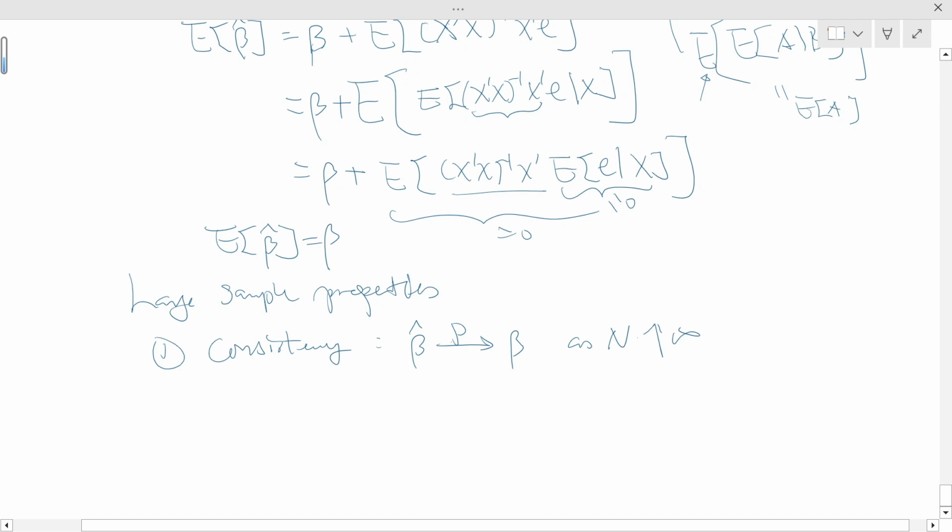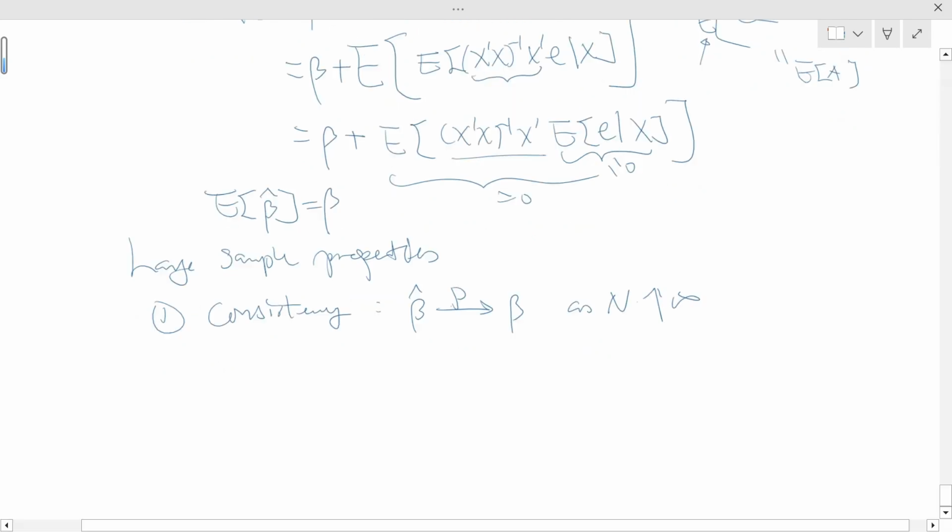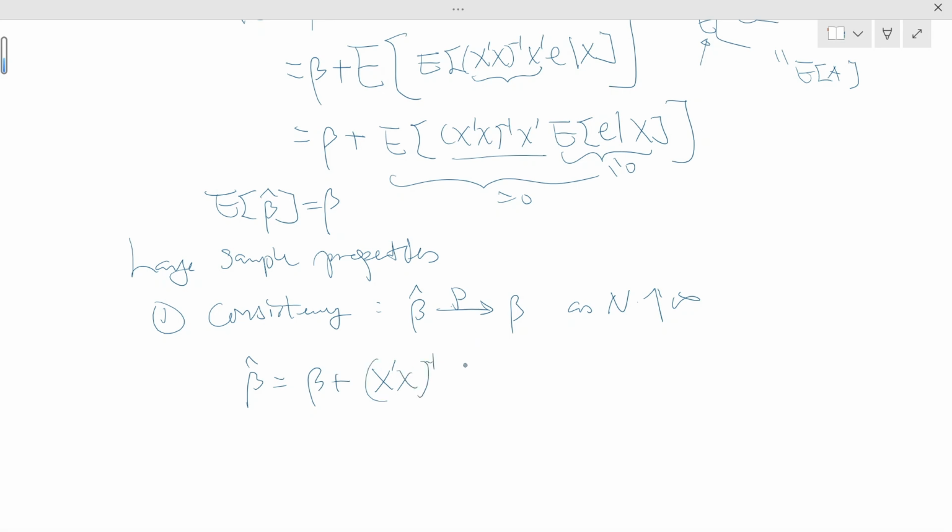In other words, as the sample size increases, the probability that beta hat is far away from the true value becomes smaller. Now let's prove this. We have beta hat equal to beta plus (X'X)^-1 X'e.